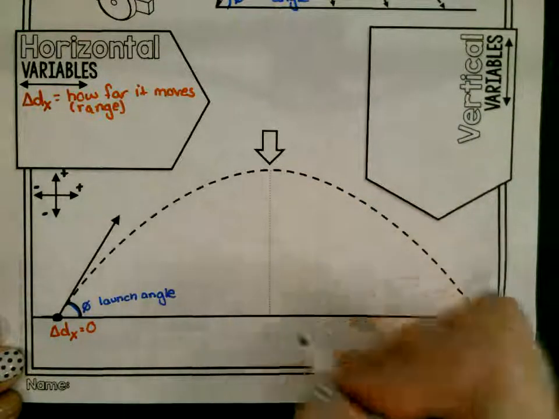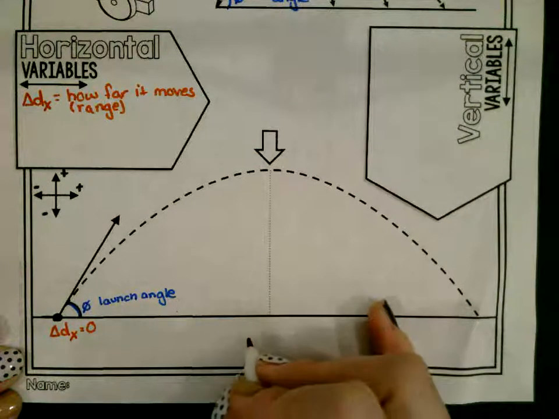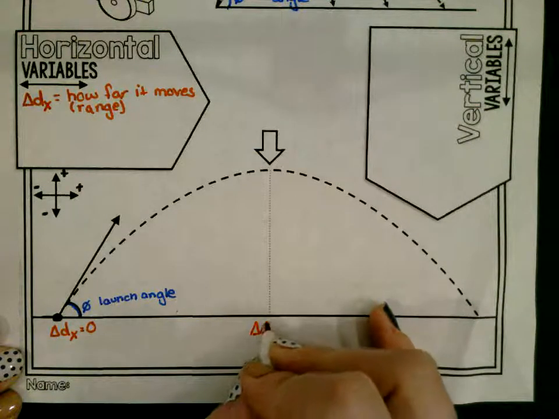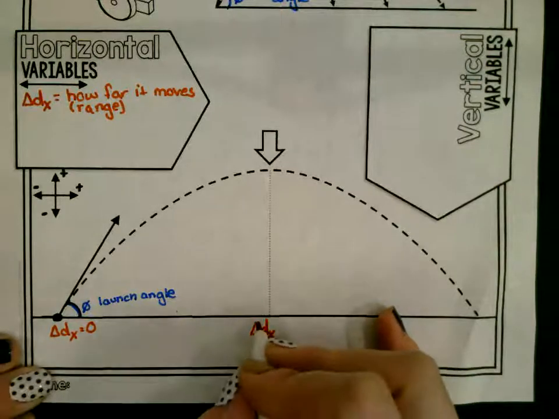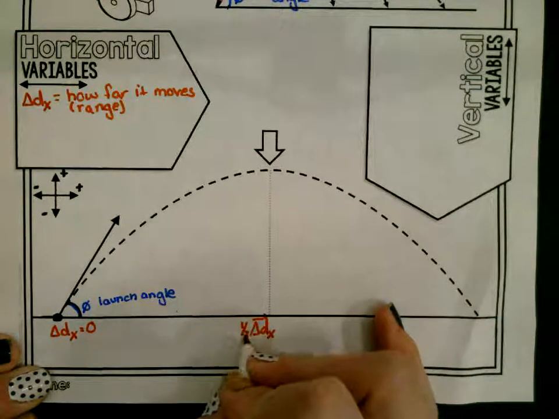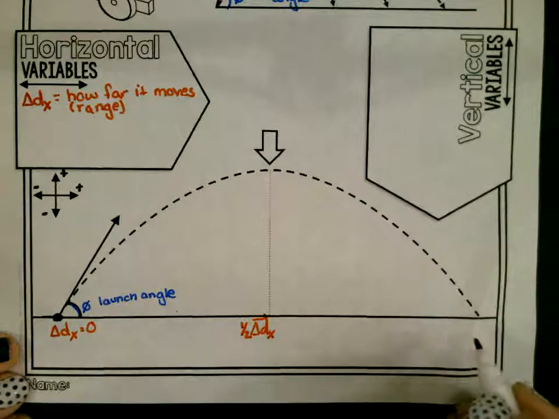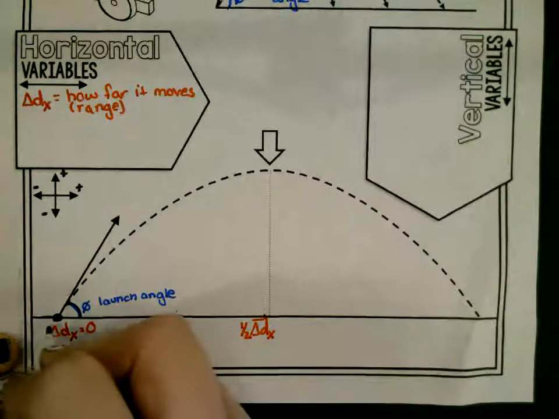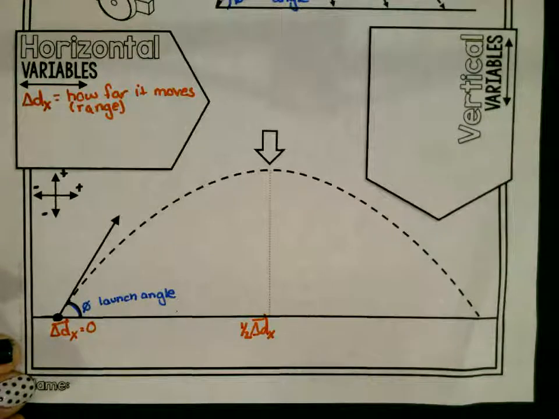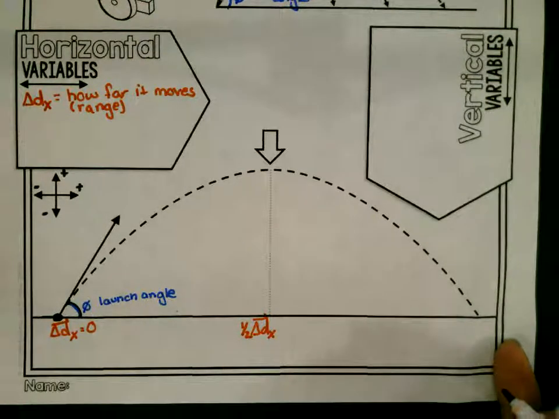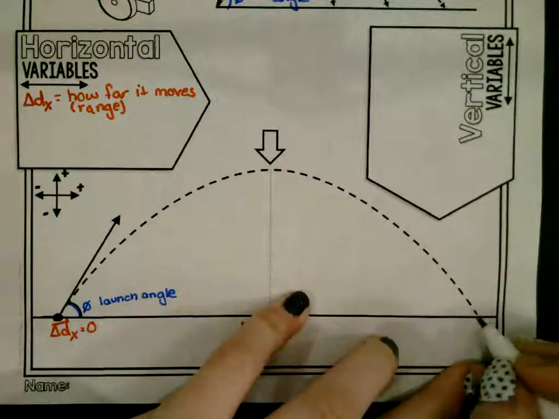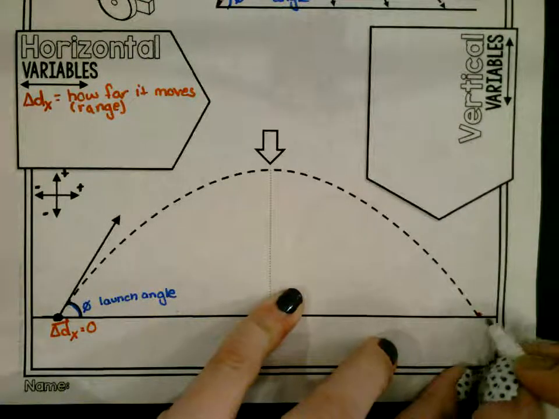When we reach the midpoint of this parabola, our displacement of x is 1/2. It's halfway to its final location. Our total displacement of x, or the number we're actually looking for, its entire range, is the point where it lands.